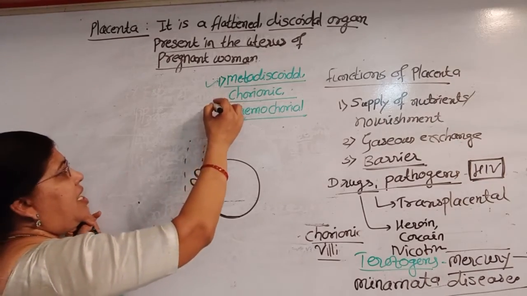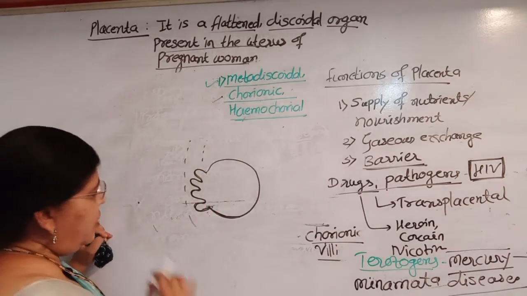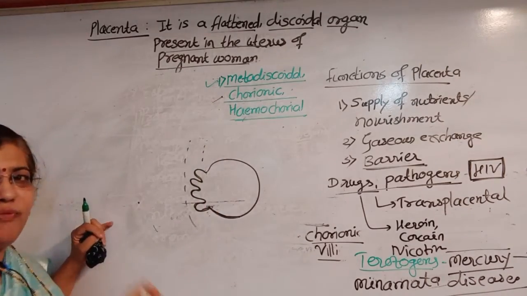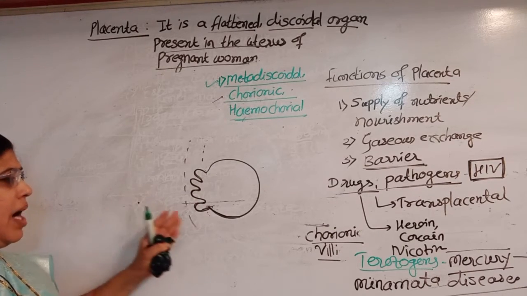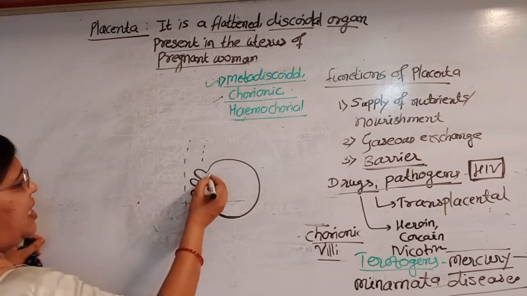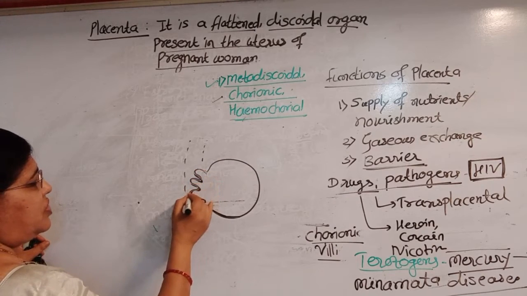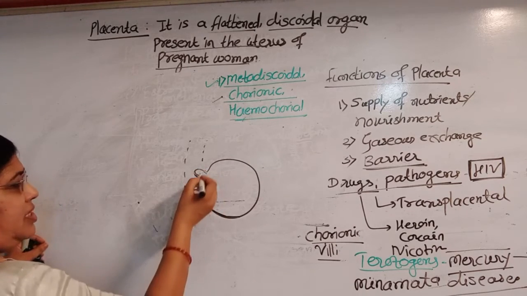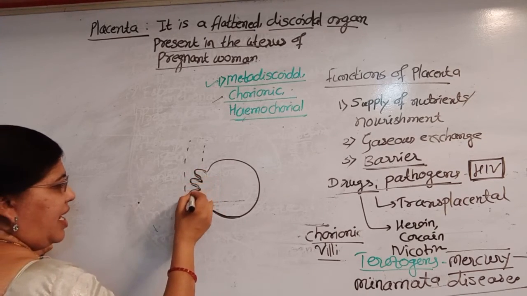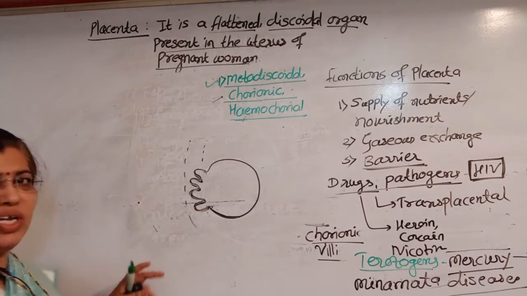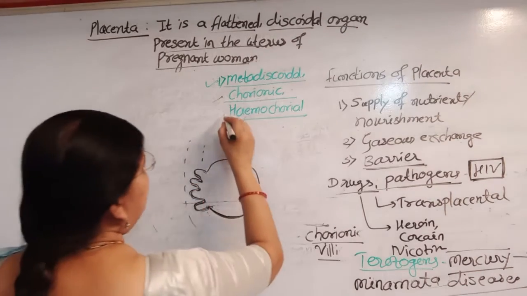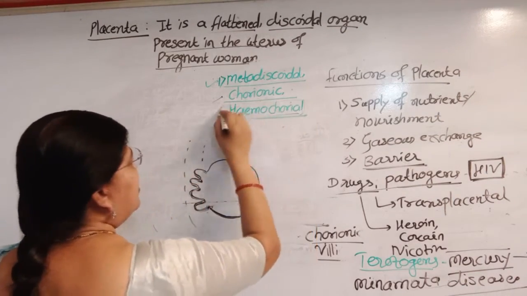Human placenta is chorionic. Chorionic means the fetal part which takes part in the formation of placenta is called chorion. It is in the form of villi and hence it is also called chorionic villi. Next is hemochorial.